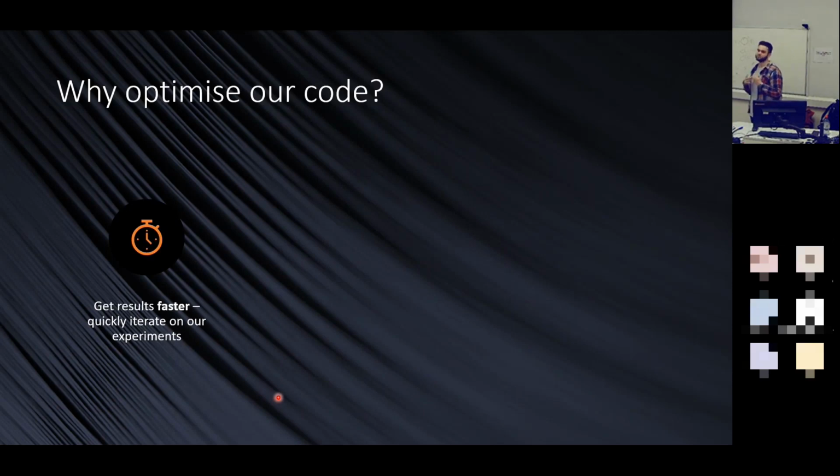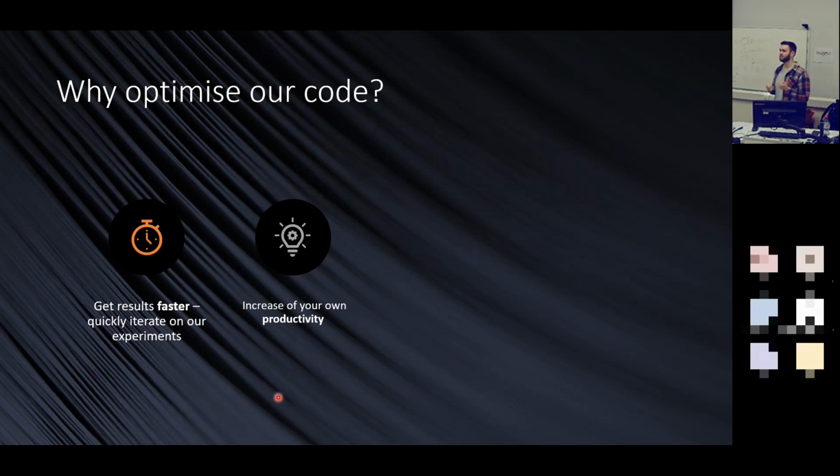If you're running experiments with your simulations, and you can get the results much quicker, you can iterate on your ideas much faster, which leads to a lot of productivity. If you have to spend an hour waiting for your code to run before you can progress with any of your ideas and see whether they are actually correct, that can really badly impact your productivity, as opposed to getting the results within a few seconds.